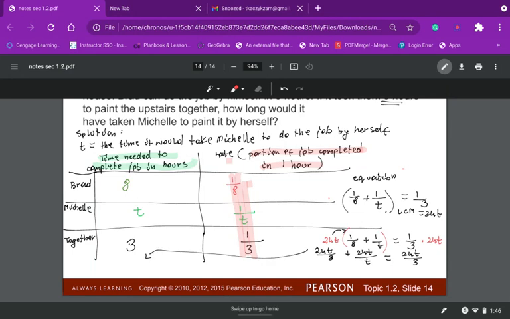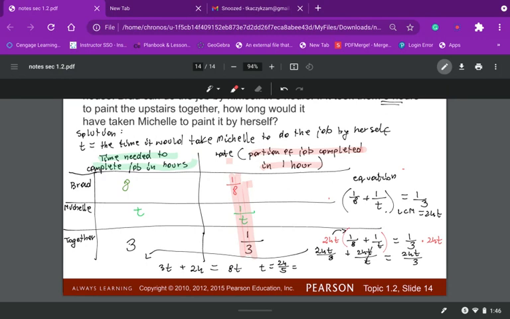So 24 divided by 8, we're getting 3t, plus, here t cancels, 24 equal 24 divided by 3, it's 8t. You guys will solve that for t, and that will give you that time. It's equal 24 over 5.